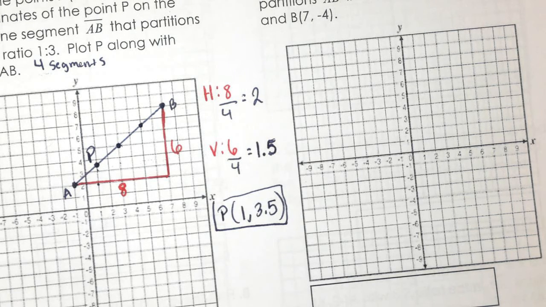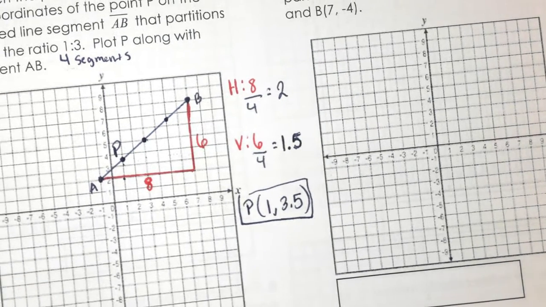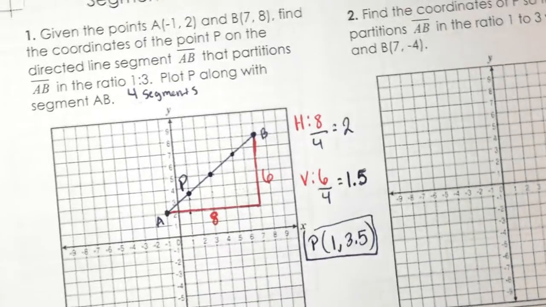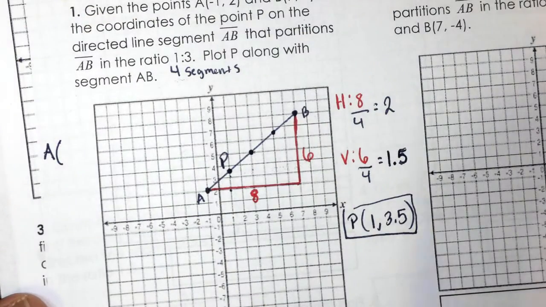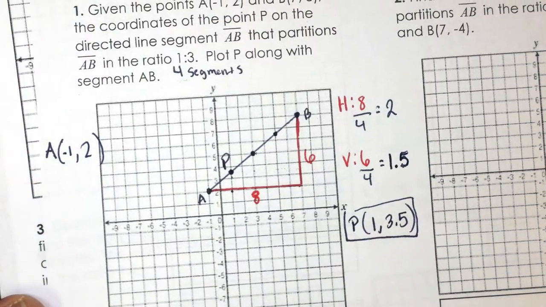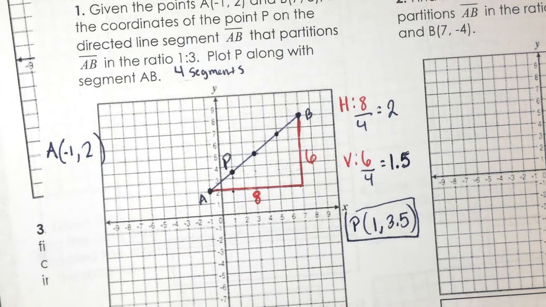Now, if you had a hard time seeing your point fives, you could calculate on this one. They only asked me to move over 1 for my partition, 1 to 3. So for the calculation, let me show you what you could have done. I know I'm starting at A. That's my starting point. So if I wanted to calculate this, I would write down my starting point as A, which was -1, 2. And then to that starting point, I would just add my change in X and my change in Y. My change in X is my horizontal change.